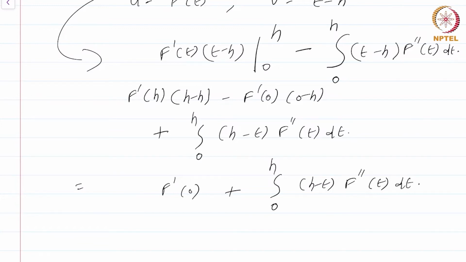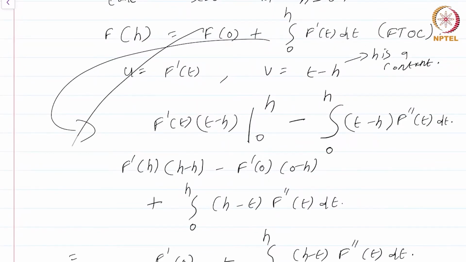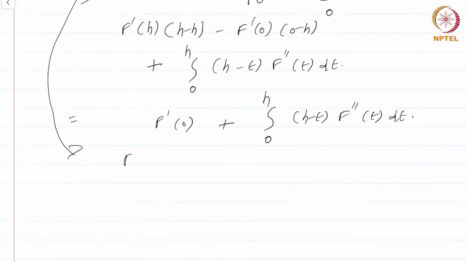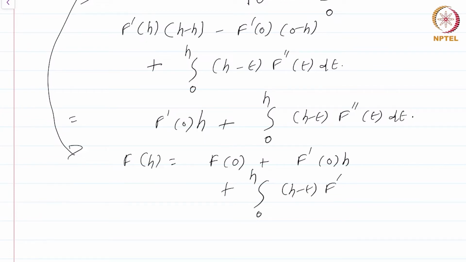So far so good. So the original expression, which I bring back here, will just give us f of h is equal to f of 0. Wait a second, I forgot to put an h here. Okay, so you will get f of h is f of 0 plus f prime of 0 times h plus the integral from 0 to h of (h minus t) f double prime of t dt.